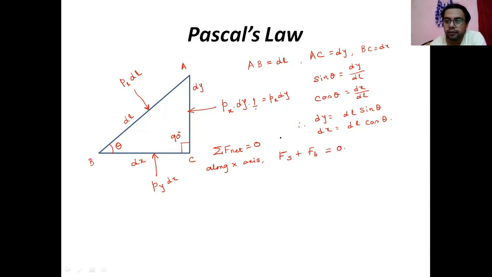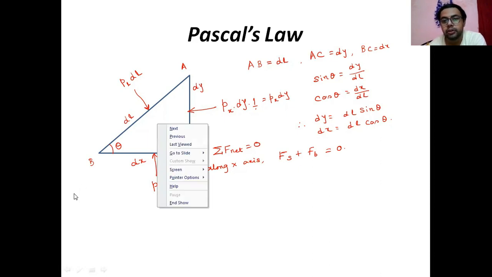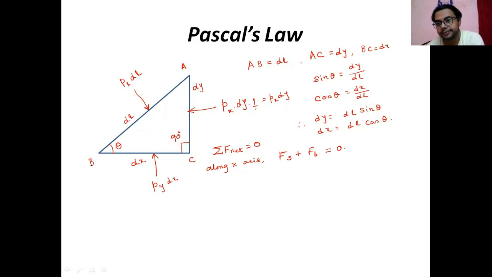Surface force means the force acting over the surface. The pressure is acting over the surface, so it is a surface force. Body force is acting about the center of gravity. In this case, along the x-axis, there is no body force acting.